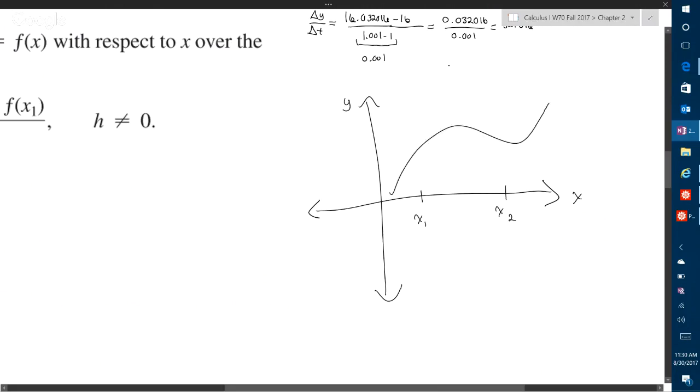It doesn't matter what it is. Maybe I should make it a little more parabolic like that. That's better. And this curve continues. At this value here, this is just in general f of x1. This is f of x2.